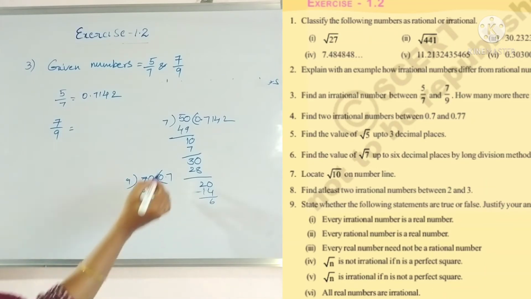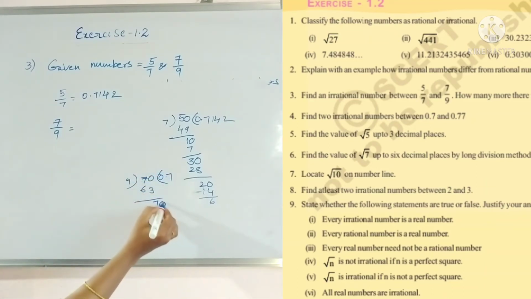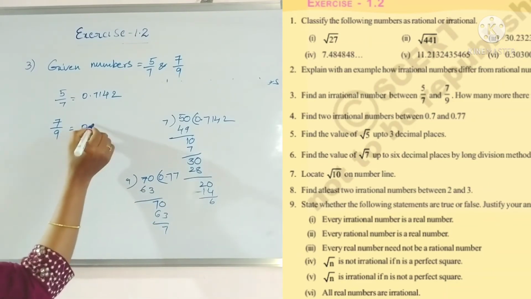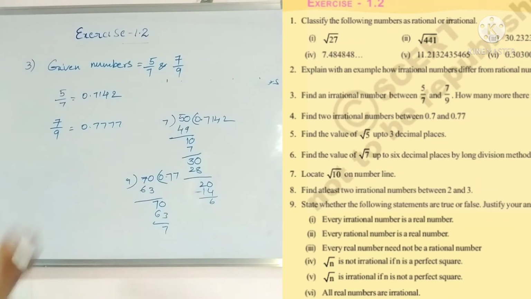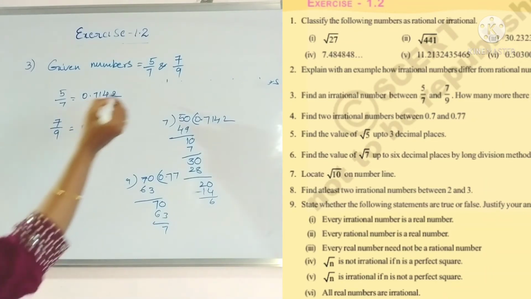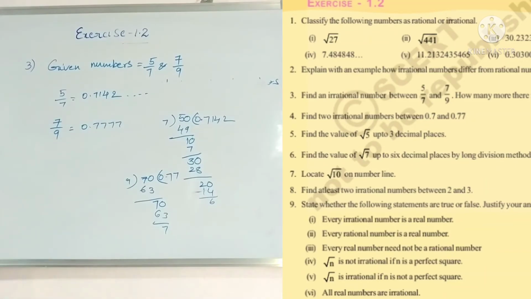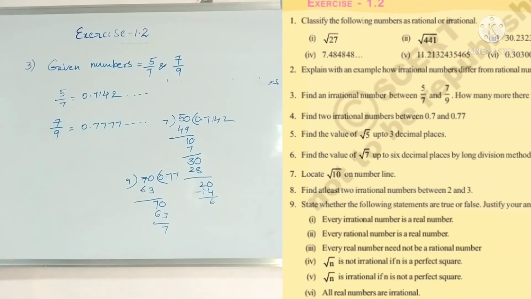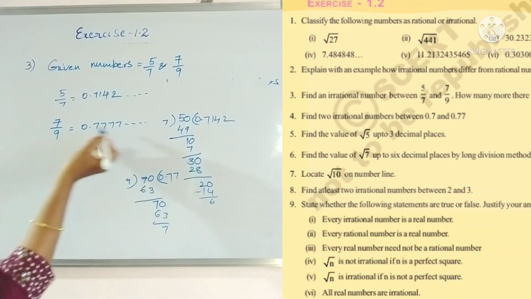And here the decimal point is there, I can add 0. Again 9 sevens are 63. 7 will come. So it continues like that. So 0.777. Now you just observe, both are non-terminating: this is non-terminating and non-repeating, and this is non-terminating, right?